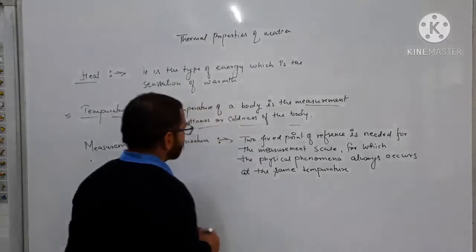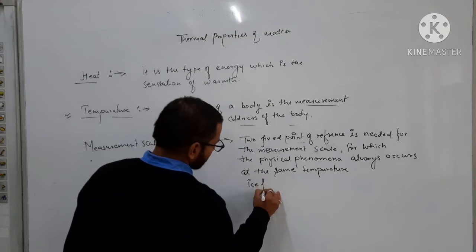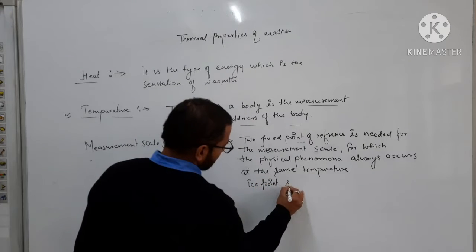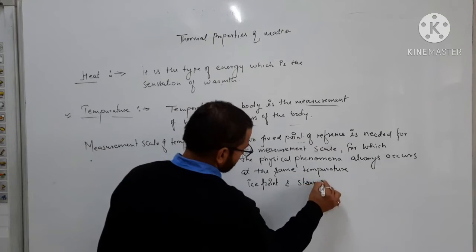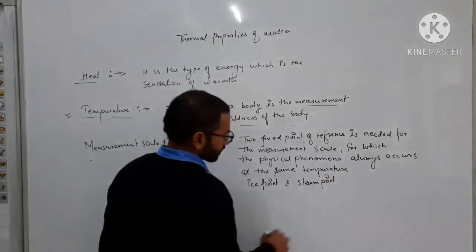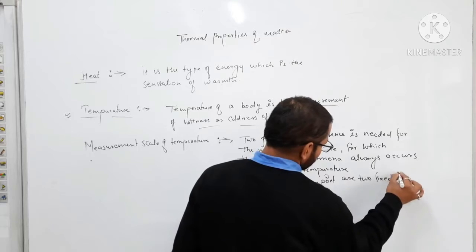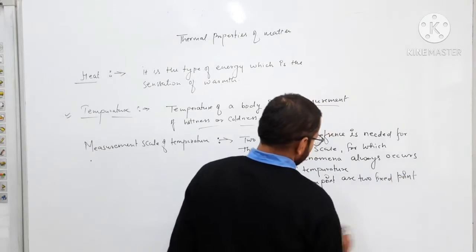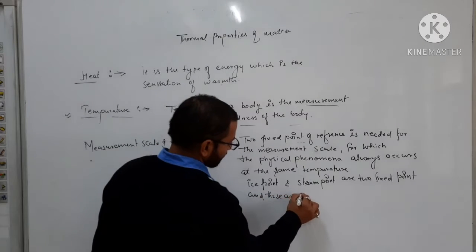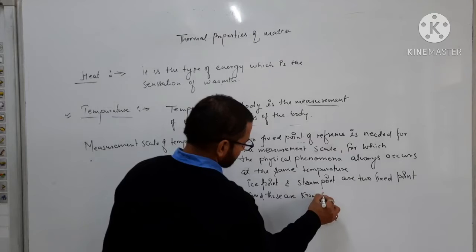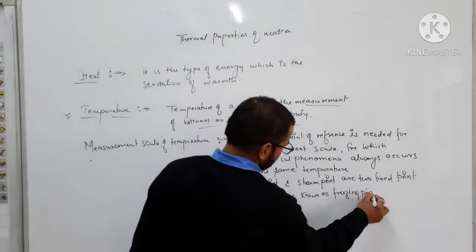So here we have two fixed points, you can say ice point and steam point. These are the two fixed points for this condition, and these are known as freezing point and boiling point.